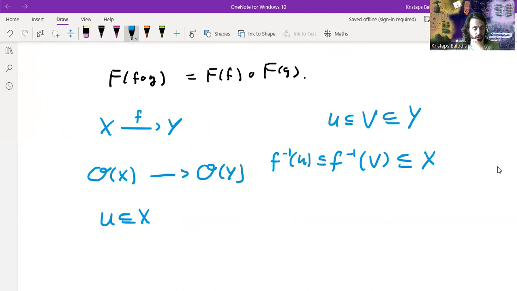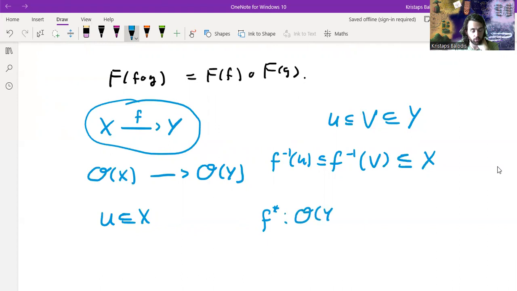So in other words, given a continuous map from X to Y, one gets a functor, we can maybe call it f star, by taking inverse images from the category of open sets of Y to the category of open sets of X. Okay.